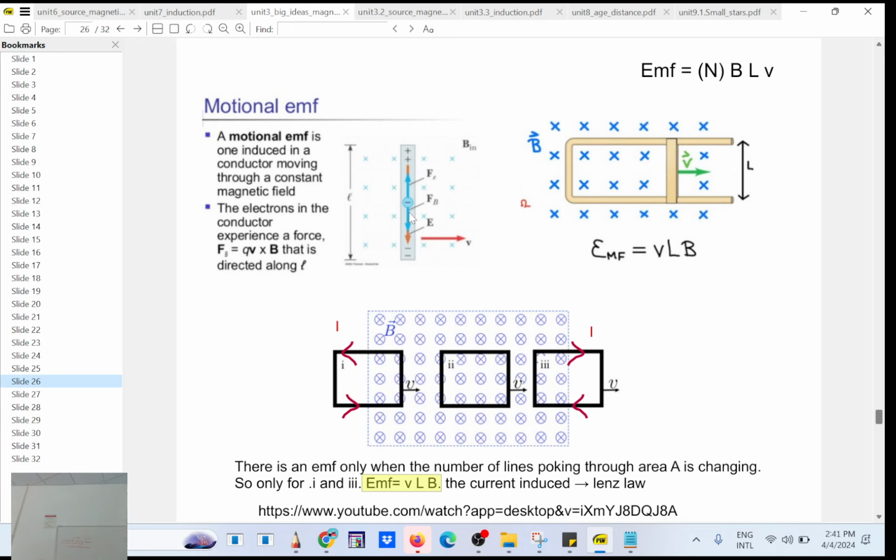So because the electrons are moving this way, the magnetic field is which way? Into the screen. So the force seems to be up, but because it's an electron, you take your finger down, okay? So electrons will build up here, okay? So positive there. So you are inducing a voltage, and this is called also motional EMF.